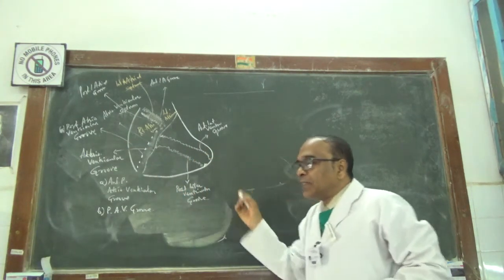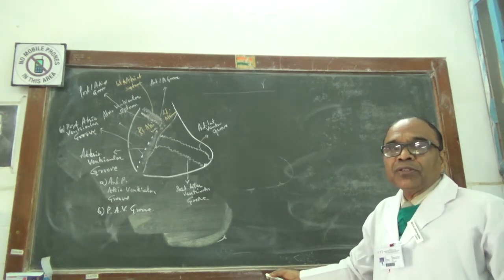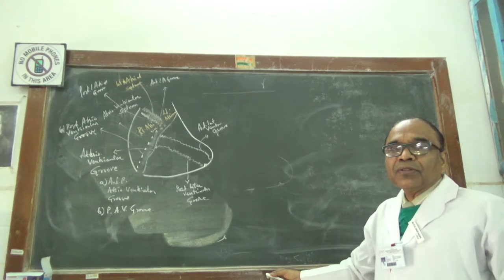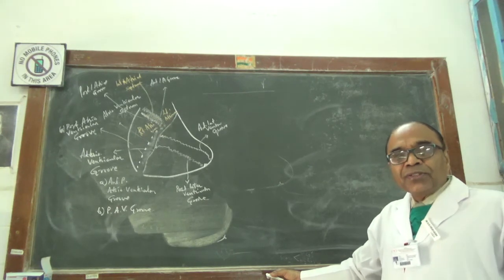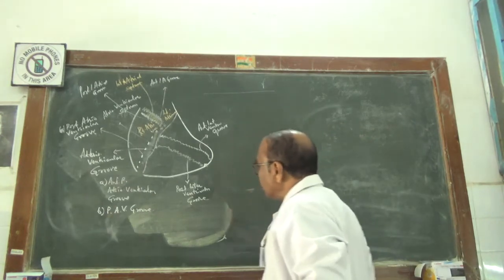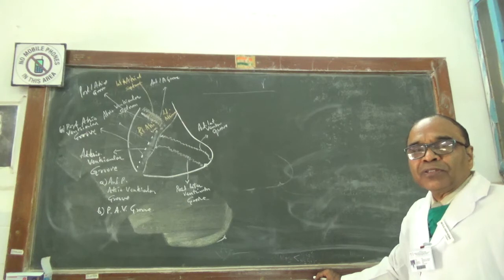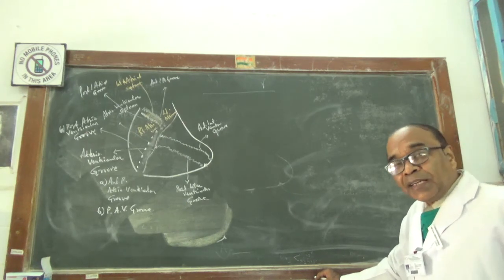Now this anterior interventricular groove on the sternocostal surface, over 2/3 of the ventricular surface of the heart, as it runs inside, will be joined to the posterior interventricular groove, the one on the diaphragmatic or inferior surface of the heart.